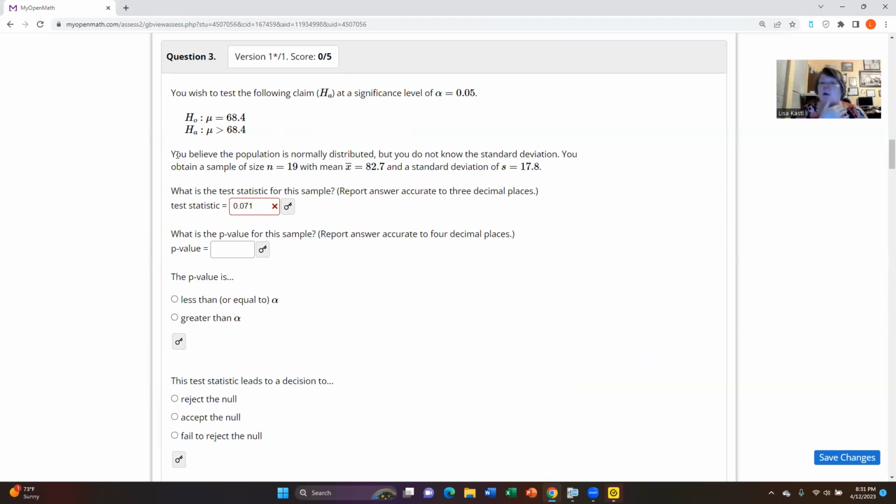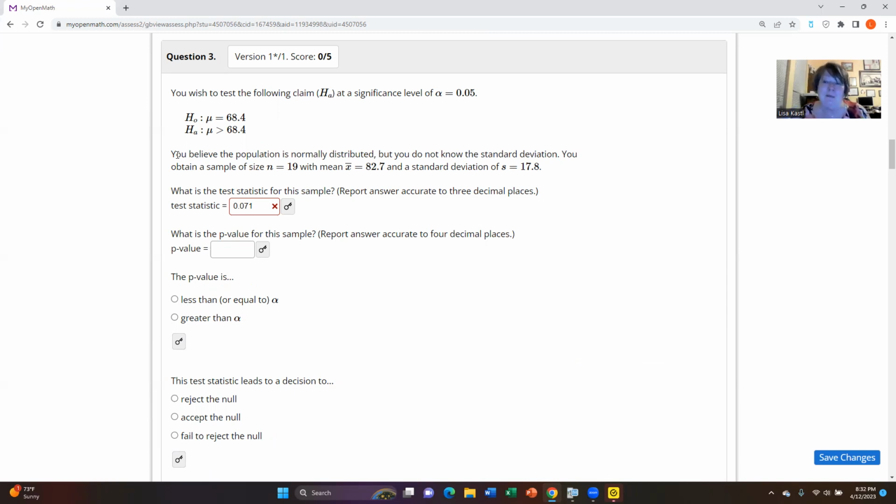Okay, so what kind of test do I use? Anywhere in this problem, do you see the words population standard deviation mentioned? No. So you're not going to use a z-test. You're going to use a t-test. The other reason is they give you in the sentence there, it says S equals S. S is a statistic.